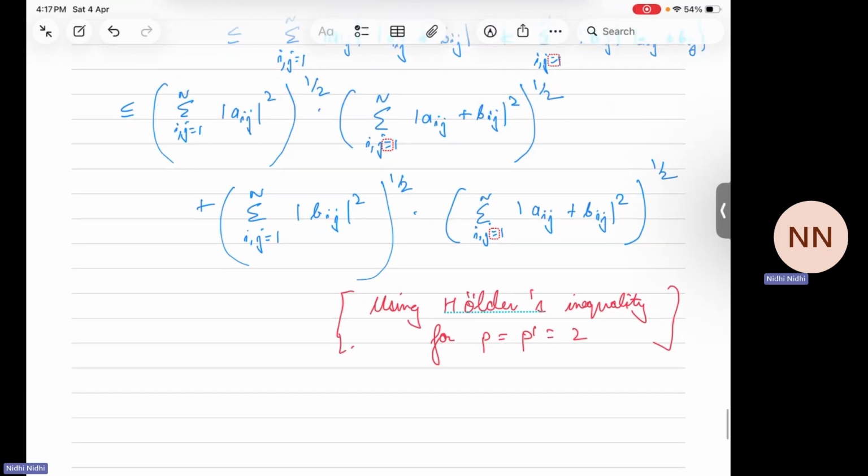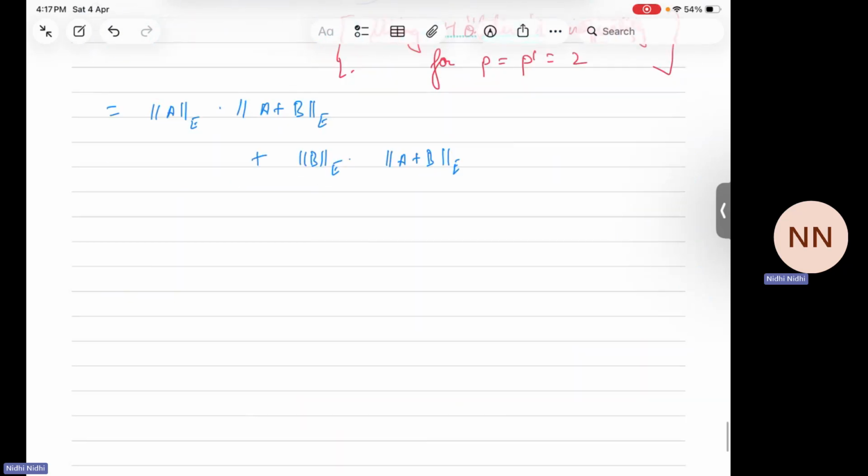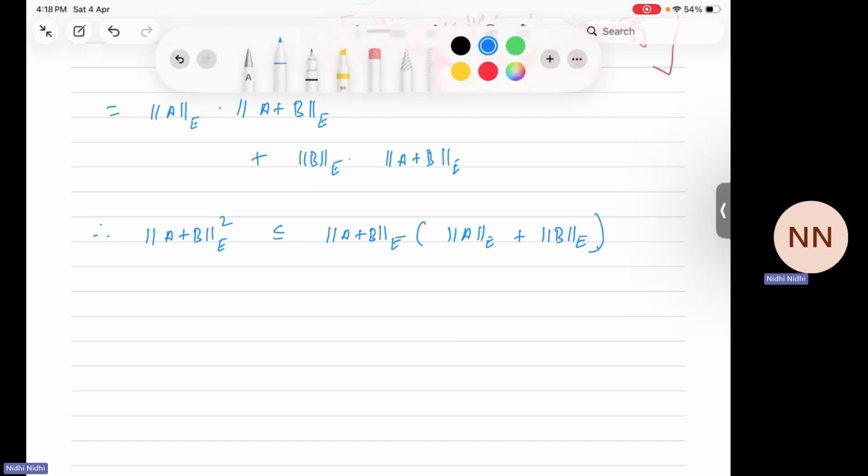And this is equal to the norm of A times norm of A plus B, plus norm of B times norm of A plus B. So we started with the square of the norm of A plus B. Therefore we get norm of A plus B square is less than or equal to, if I take norm A plus B common, norm A plus norm B, and this gets cancelled out.